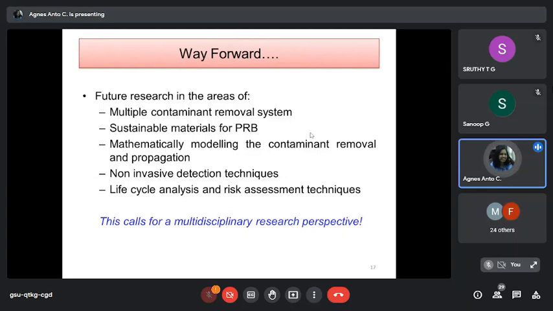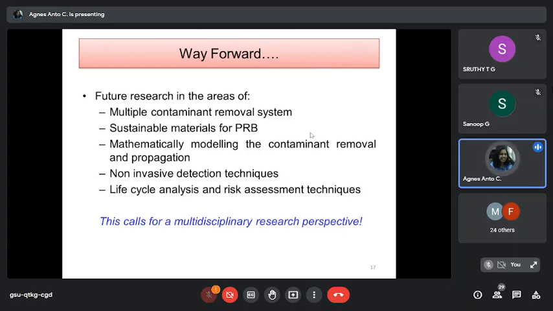If we are talking about municipal solid waste leachate, it has both organic and inorganic contaminants. So suppose I'm compartmentalizing my PRB into different segments. Some are taking care of the inorganic contaminants, some will cater to the organic contaminants, then multiple contaminant removal is possible.